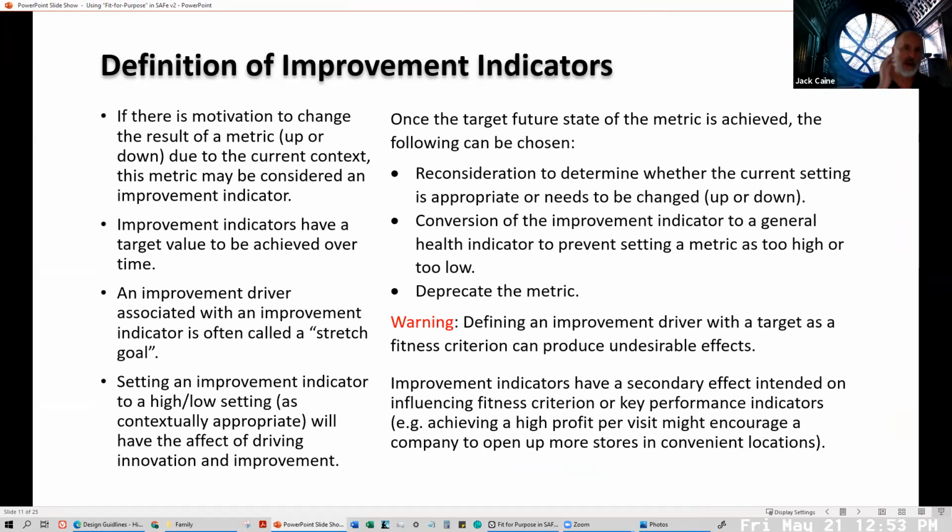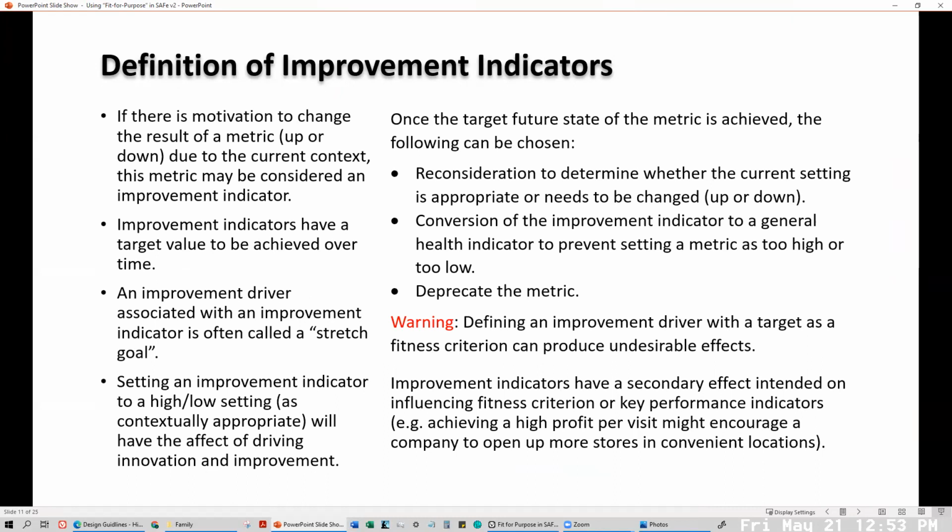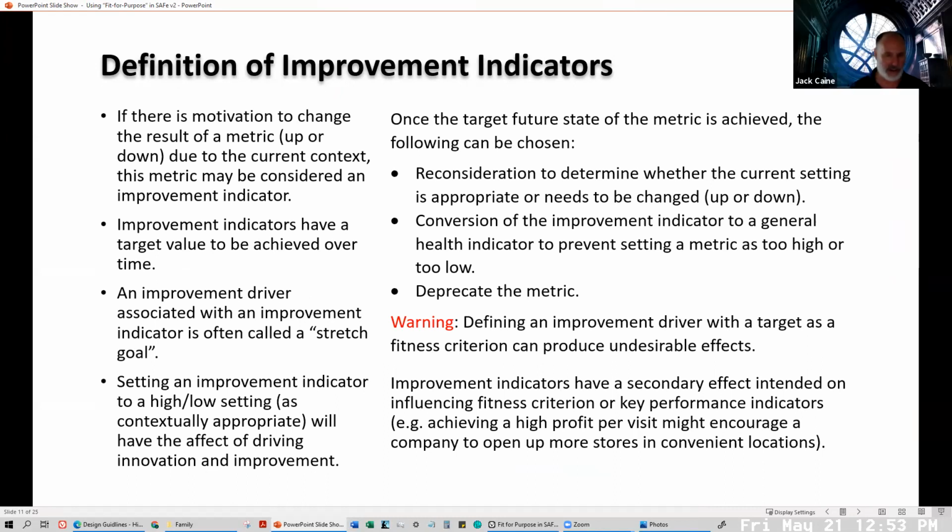We would know that there is some type of gap and we have a fitness criteria, and the fitness criteria is being affected. Maybe customers are leaving. They're not happy. The turnover that we have with customers is increasing, which is a general health indicator, right? We would then set an improvement indicator, which would be a target.